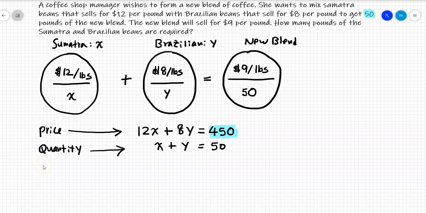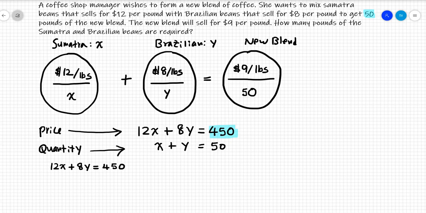Now, in this case, it's going to be pretty simple, right? Because we're going to have to solve this for either x or y, then we can just substitute back into the other one. So what I'm going to do here is that I am going to multiply the bottom one by -8, so I can eliminate the y variable. So now I'm going to write it 12x plus 8y equals to 450.